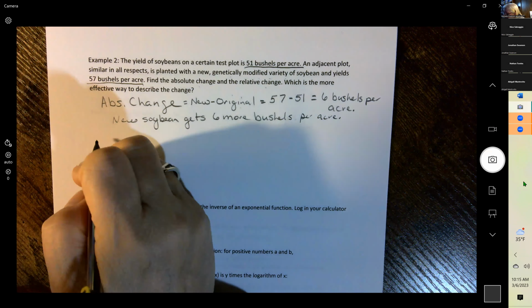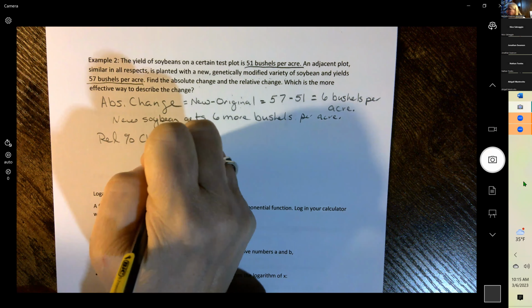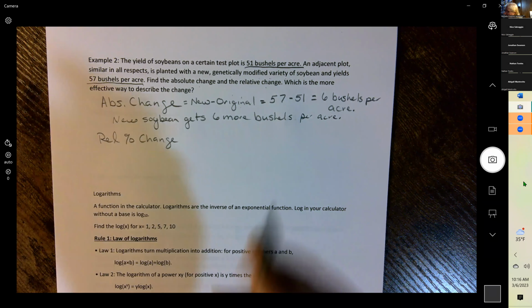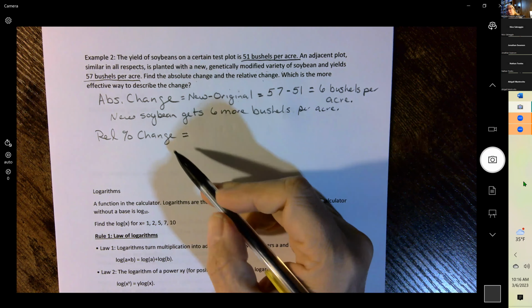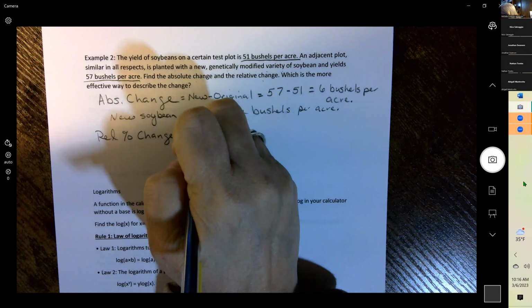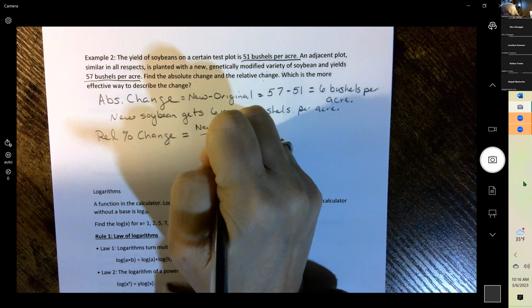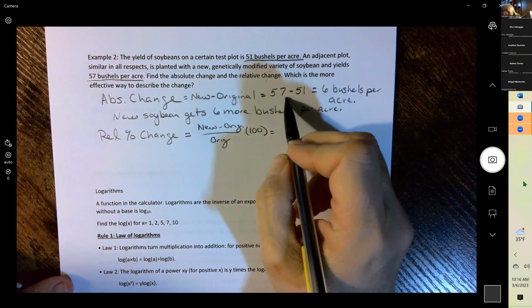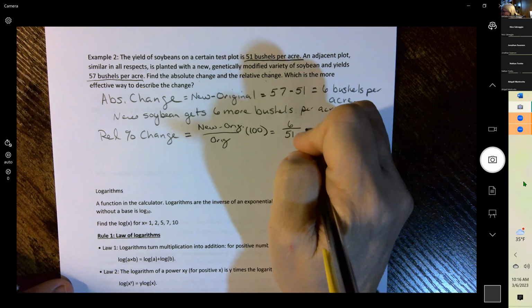Find the relative percent. I always put percent change because it's easier to talk about a percent than a decimal rate. Relative change is the new minus the original divided by the original, and we want to make it a percent, so we're going to multiply by 100. New minus original, we already did, it was 6, divided by the original, which was 51, times 100.